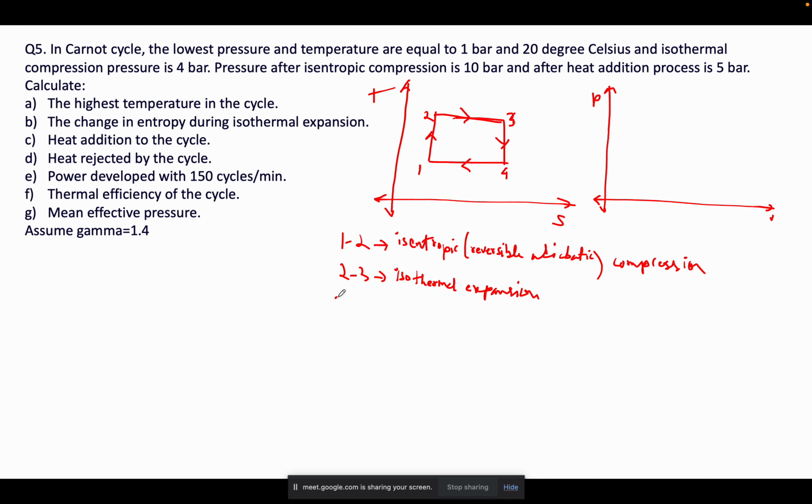Okay, 3 to 4 is your isentropic expansion, and 4 to 1 is isothermal compression.